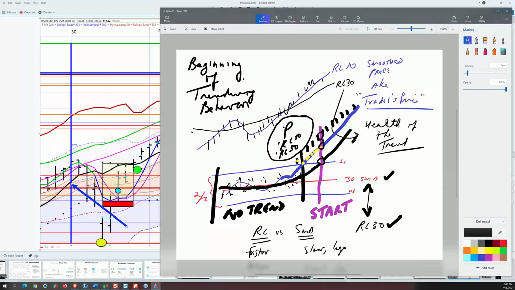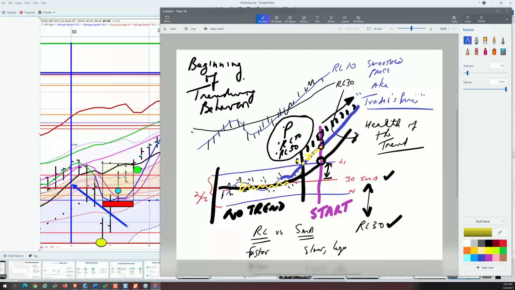And now this is where we really start to see that an abnormal move has occurred, because it is abnormal for the RL30 to have pulled away. Look how far away it pulled from the SMA 30, more than one standard deviation. That tells you, by definition, that instead of mucking around inside here, it has left the river, and this is an abnormal behavior.